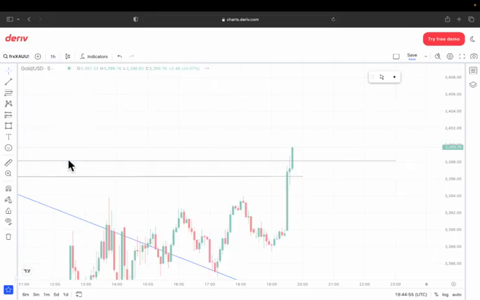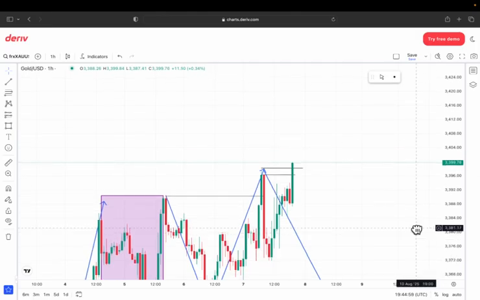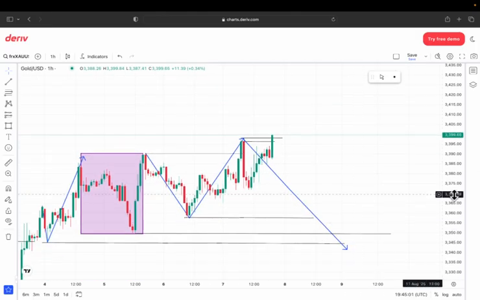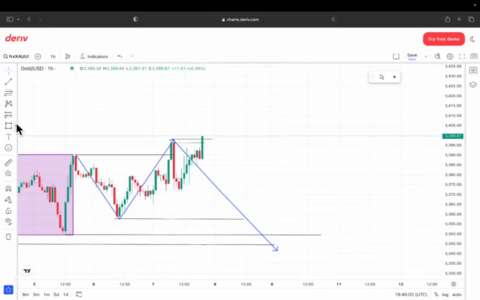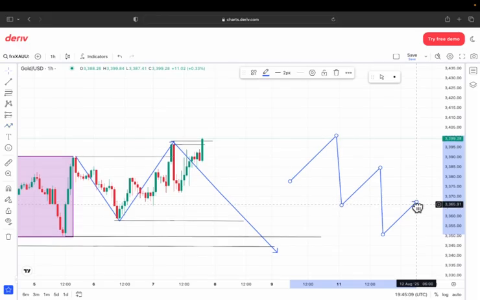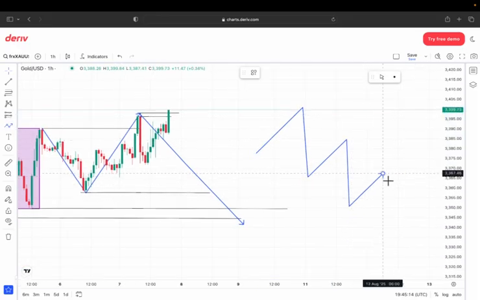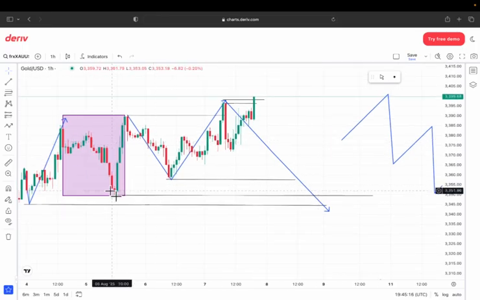The new ones here, let me break it down for you again. Two lows or two highs, if it's for the buy this way. Sorry, it's for the sell rather. This is buy. Two highs make one structure. If it's for the buy, two lows make one structure.